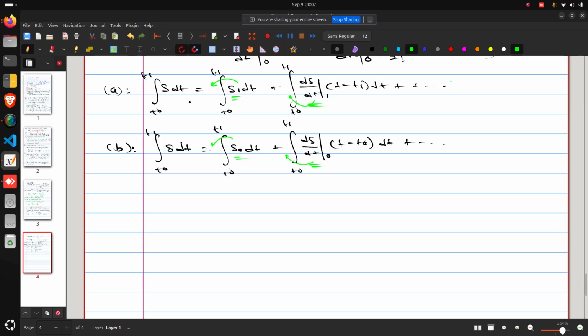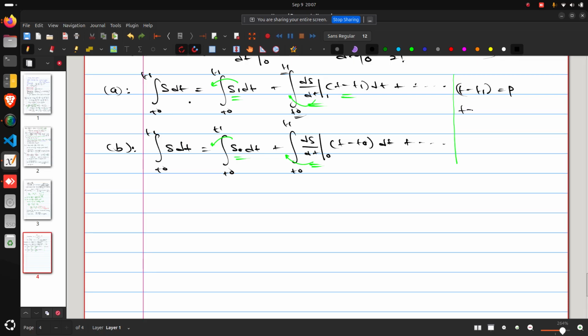Okay, and what about this part? So for example, say if we take t minus t1 is nothing but p, and the integration is for t0 to t1, we will have to change the integration limits also, right?